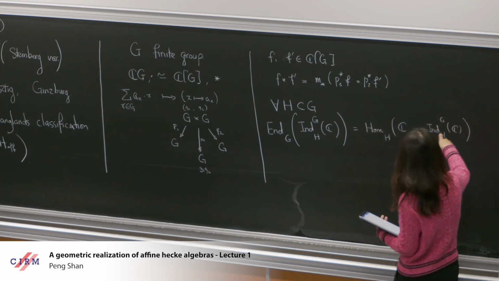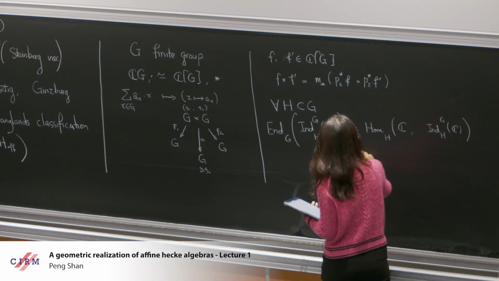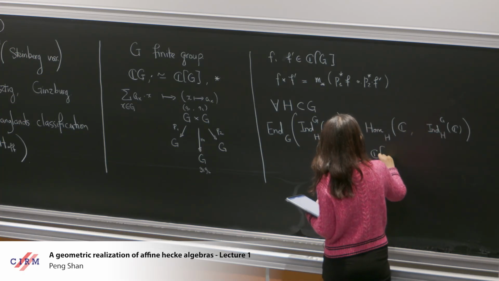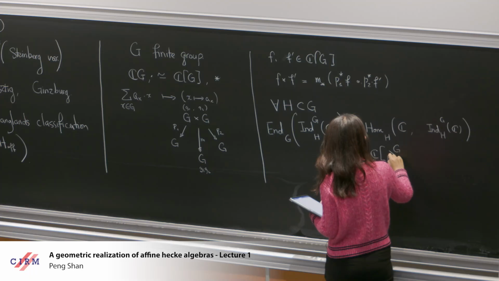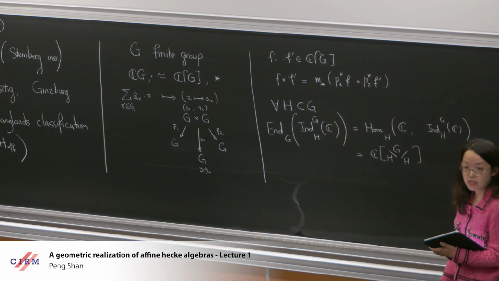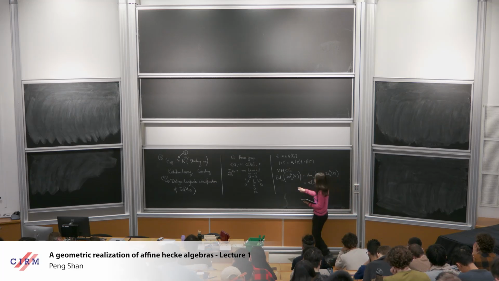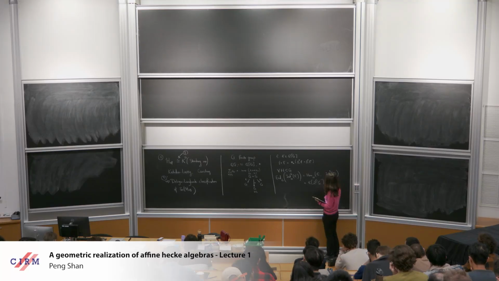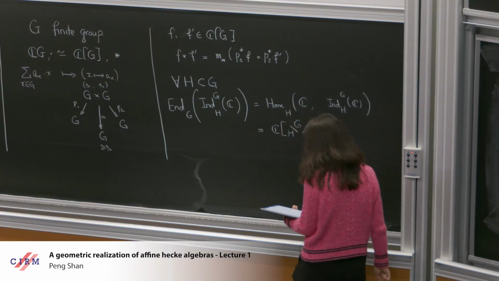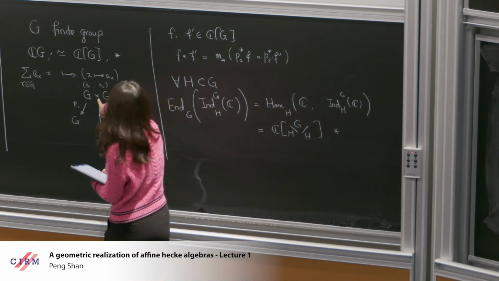And you can identify this whole space as functions on the double coset H\G/H. Again, the composition of endomorphisms induces a product here, which we'll call the convolution product. And this is described in similar terms.